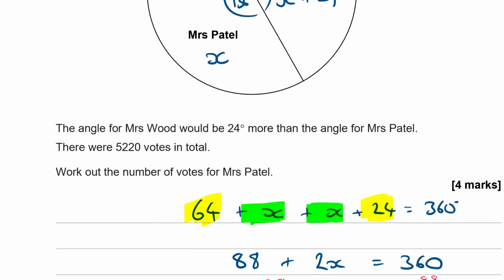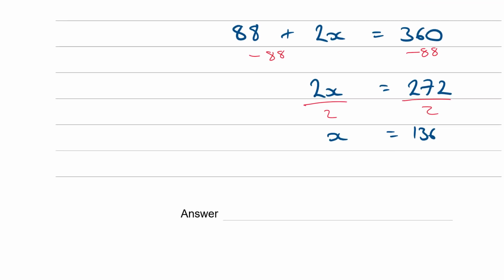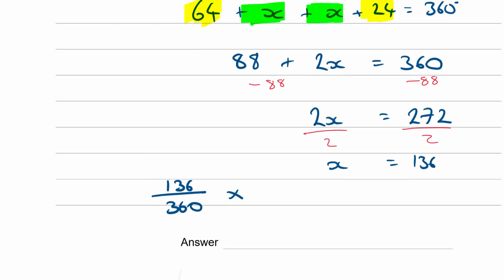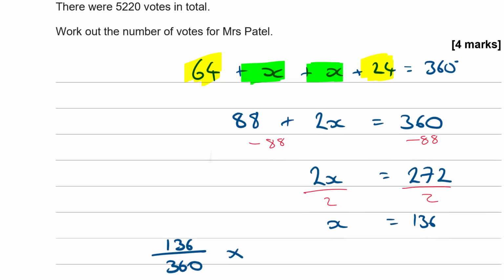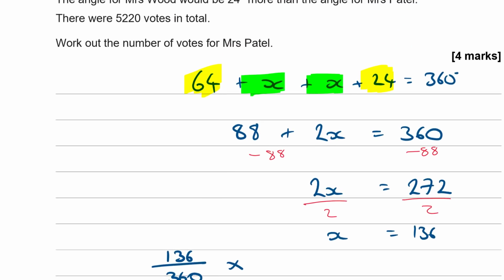What do we need to do now? We need to work out the number of votes for Mrs. Patel. Okay, so we know that Mrs. Patel's angle is 136. So her fraction of the vote is going to be 136 out of 360 times the total number of votes. So we work out that fraction of the total.